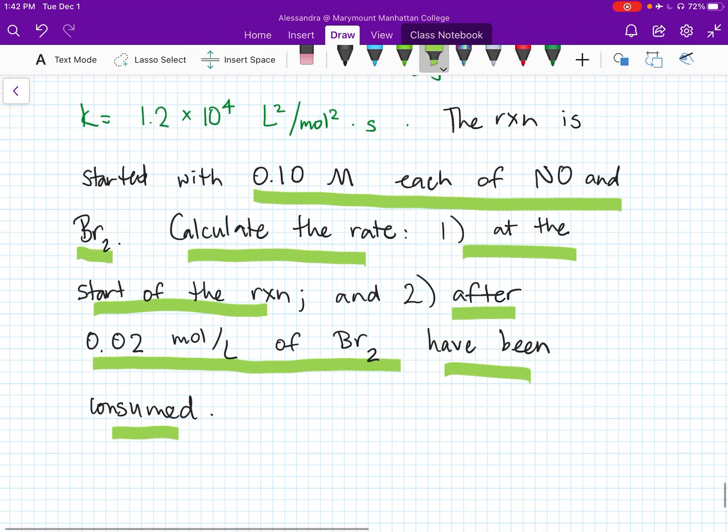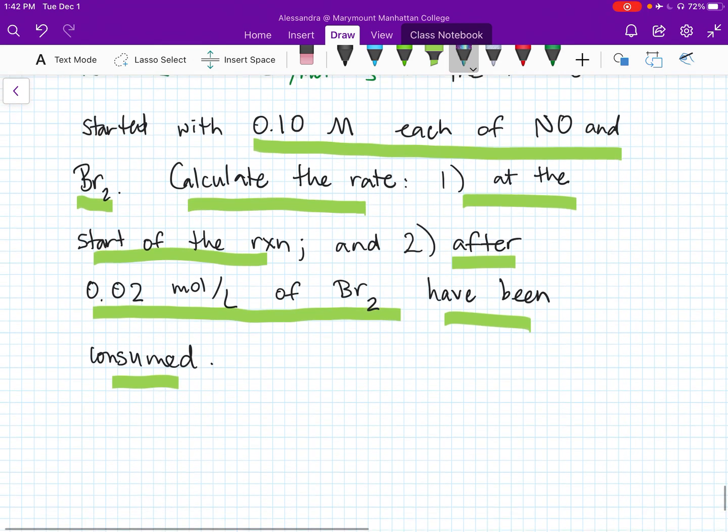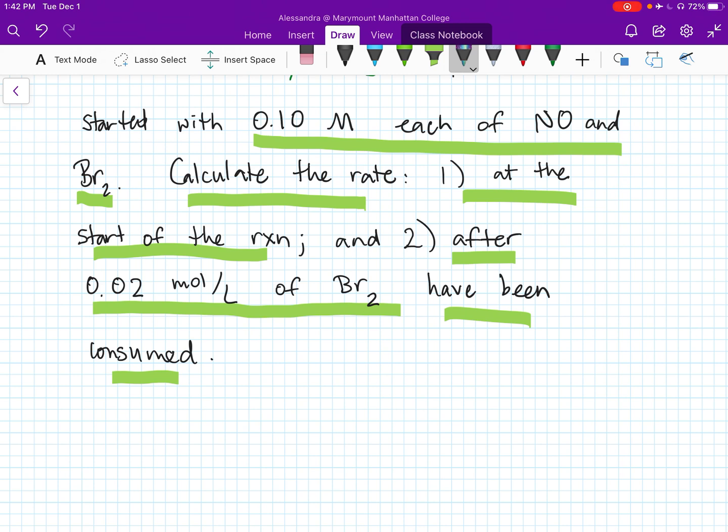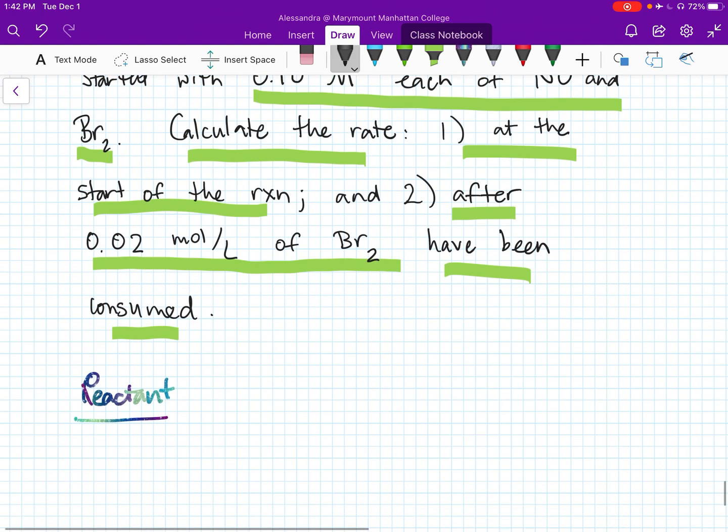Let's make a list of the species that we have. So we have two reactants here. The first reactant that we have is bromine, and the second reactant that we have is NO. We have the initial concentrations of 0.1 molar of each of them.